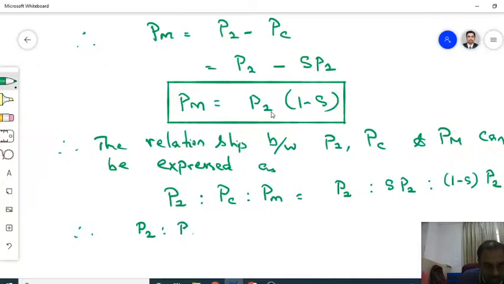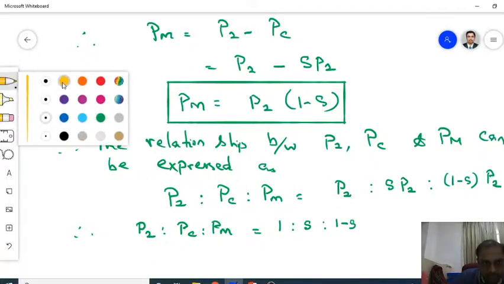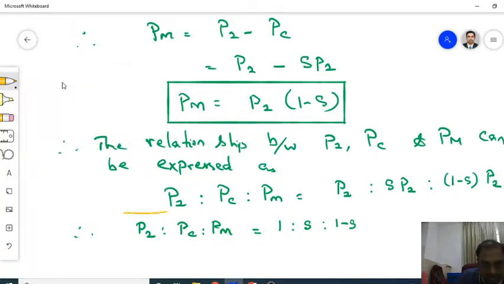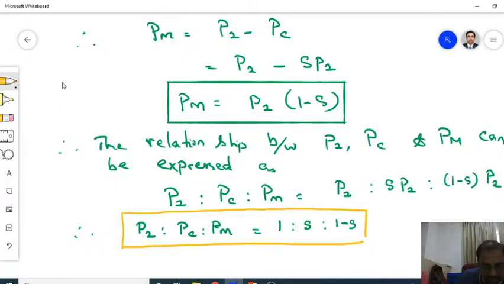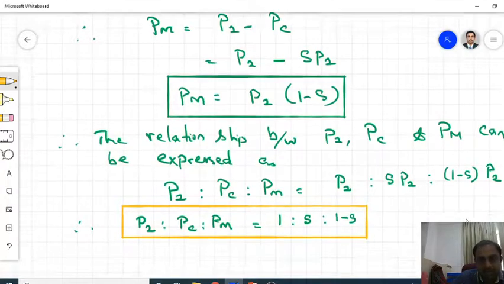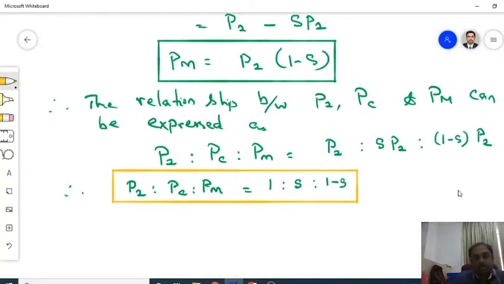If you remove all the P2, we'll get 1 ratio S ratio 1 minus S. So this is the gross mechanical power with respect to rotor input power and rotor copper loss.